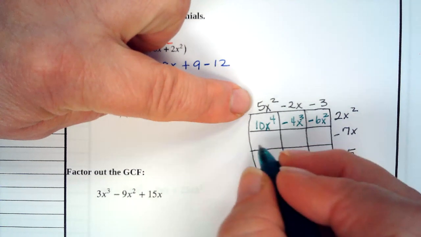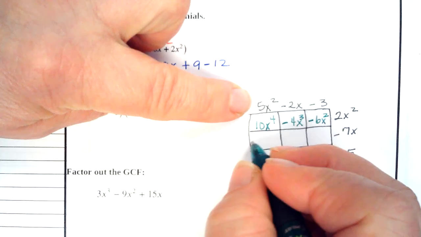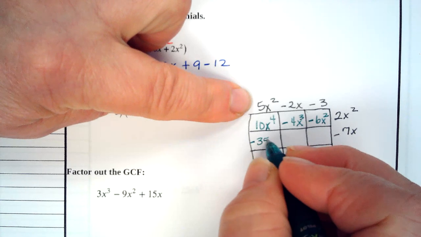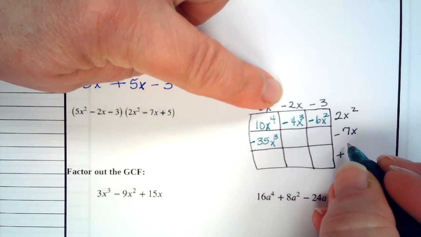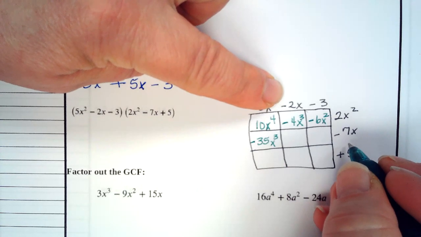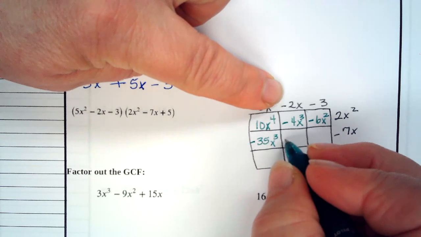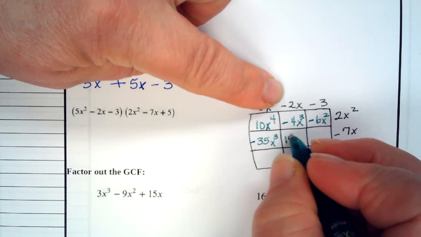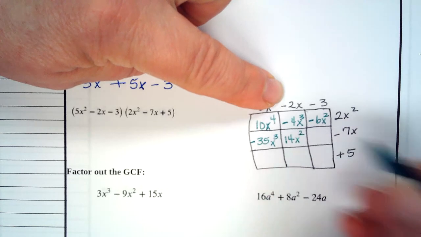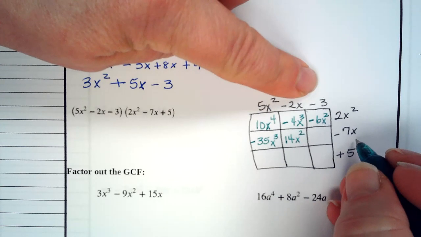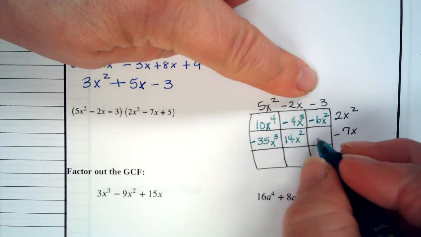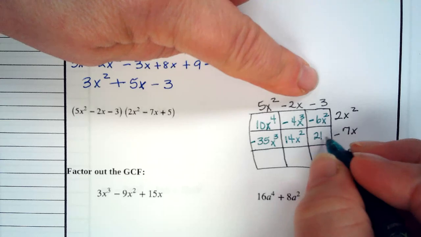5x squared times negative 7x, that's negative 35x to the third. Negative 2x times negative 7x is positive 14x squared. Negative 3 times negative 7x, negative times negative is a positive 21x.